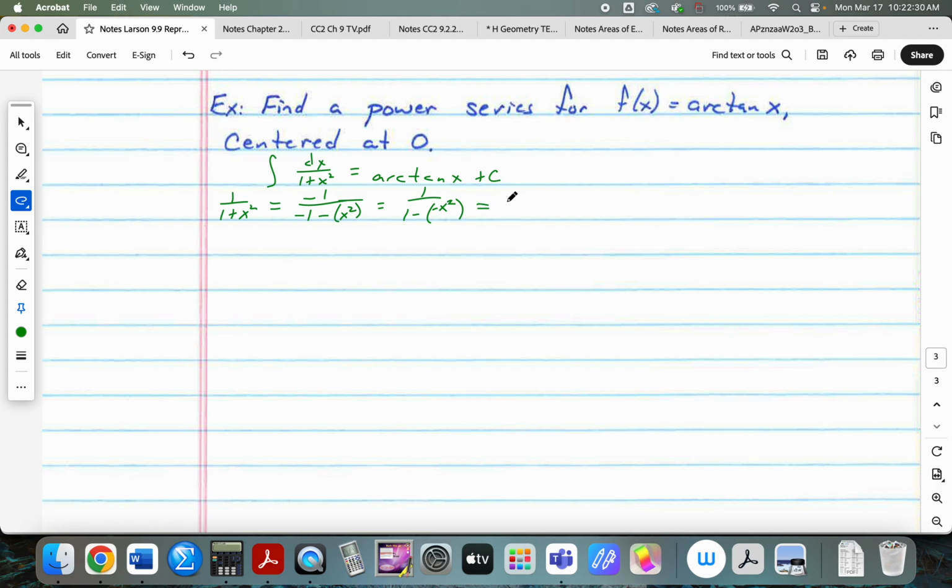So this should be the summation as n goes from 0 to infinity of a, which is 1, times r, -x squared, to the nth power.